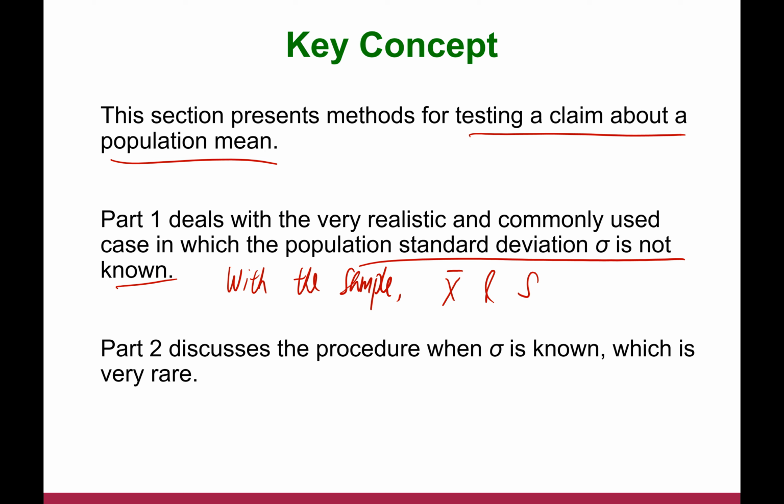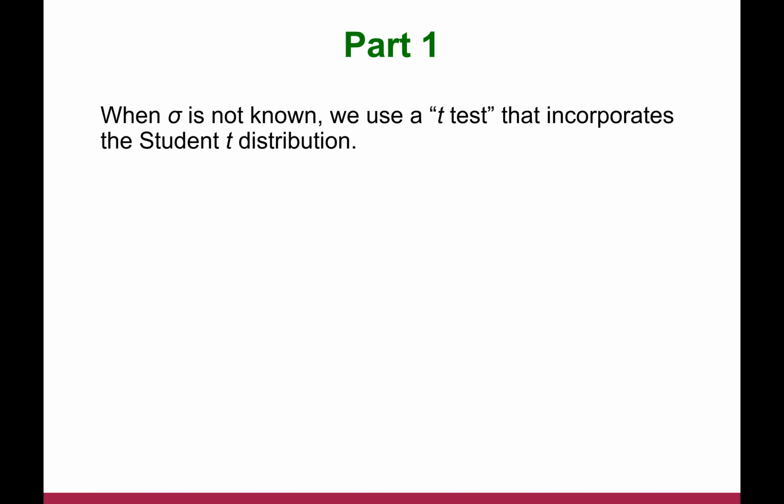From there, you calculate the sample mean and sample standard deviation, and then we go from there in terms of testing the claim. Part 2 discusses the procedure when sigma is known, which is very rare in real life. When sigma is unknown, we definitely use a t-test, and we call this the Student t-distribution.